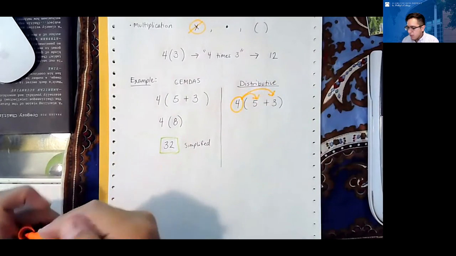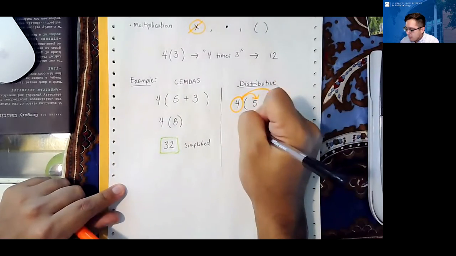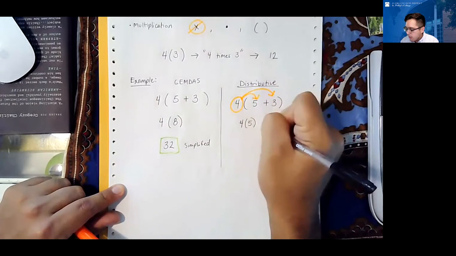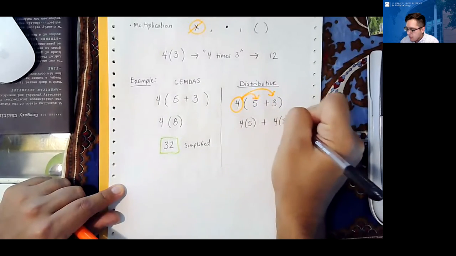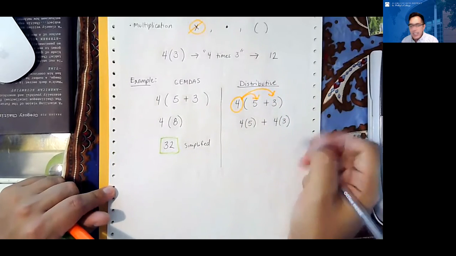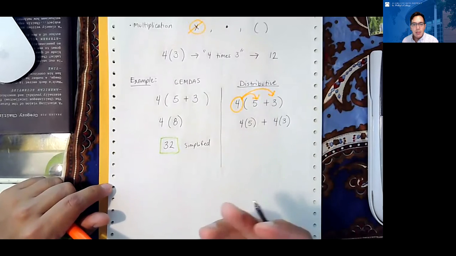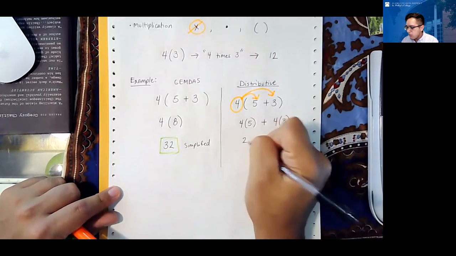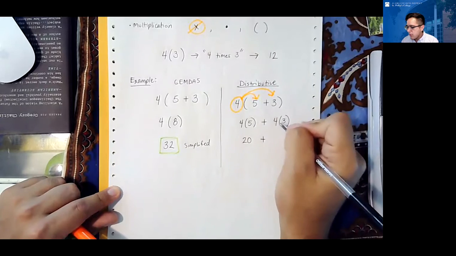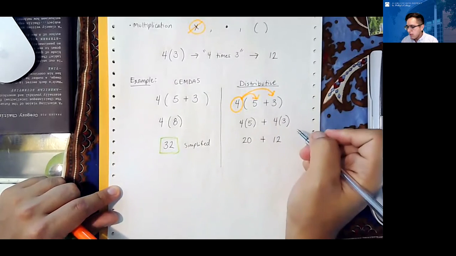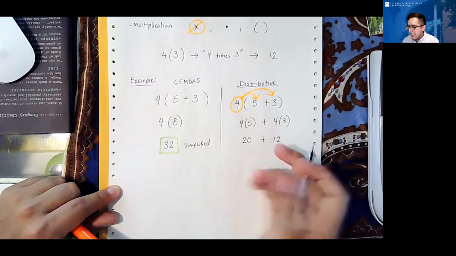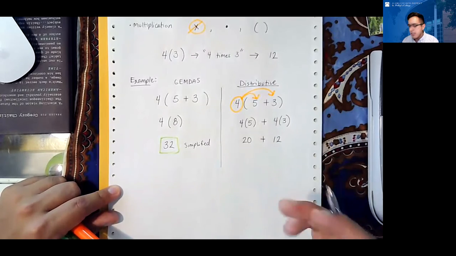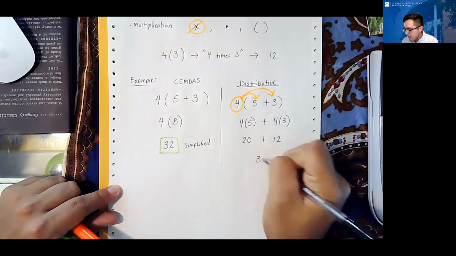And what I mean by that is we would then write this as 4 times 5 plus 4 times 3. And that kind of multiplication with those smaller numbers is a little bit easier to do in our heads. 4 times 5 is 20 plus 4 times 3 should be 12. And when we go ahead and complete the addition after distributing, we get the exact same thing, 32.